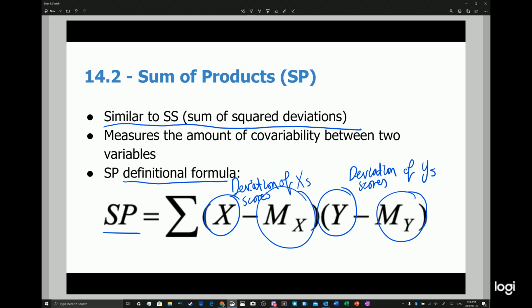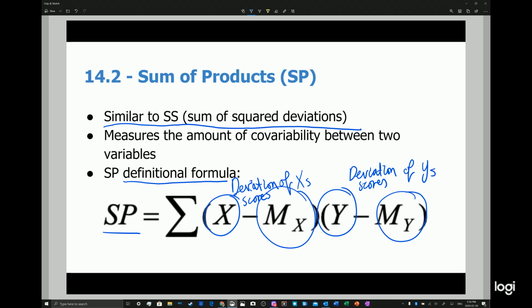Again, the nice thing about this is we don't need to square them like we do with the sum of squares, because once we introduce another variable, the sum of products will not cancel each other out. And if it does, then that means, hey, there's no correlation at all. So we don't want to square it.